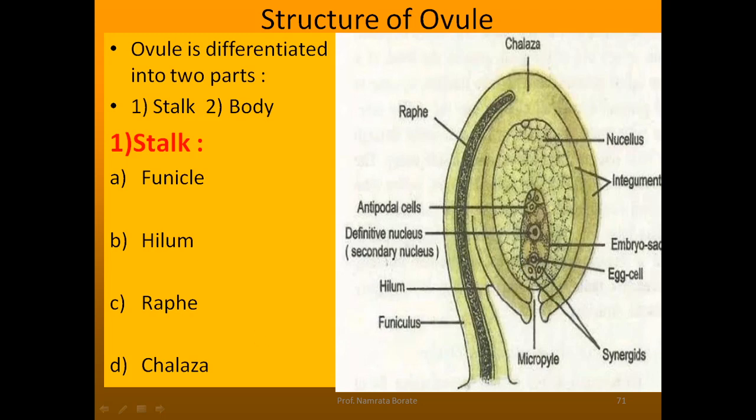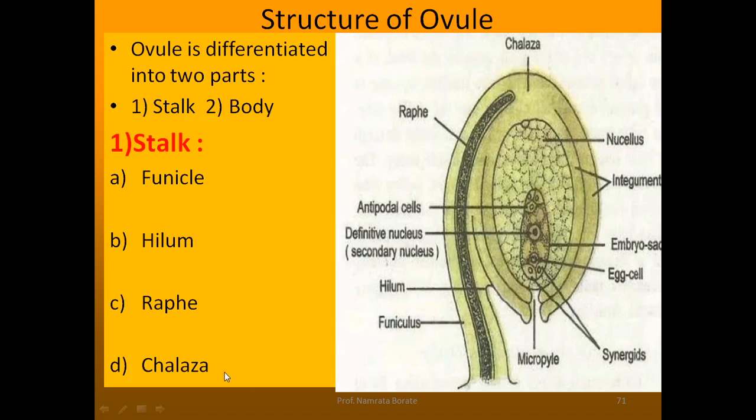The third one is the raphe. In the anatropous ovule, the funicle extends beyond the hilum and forms a ridge up to the chalaza. It is called the raphe.